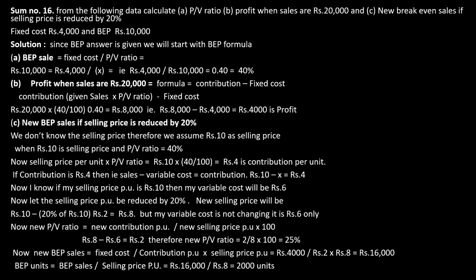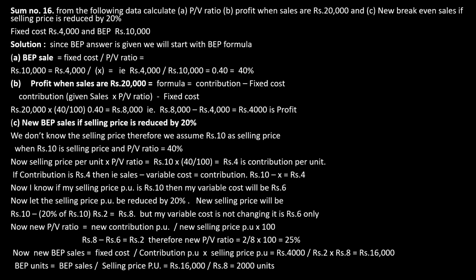That will be my contribution now. Contribution minus fixed cost is my profit. So 8,000 minus 4,000 is 4,000. That is my profit. For the given sales of 20,000 rupees, my profit will be 4,000. Is it clear? So now let's go to the third subdivision.